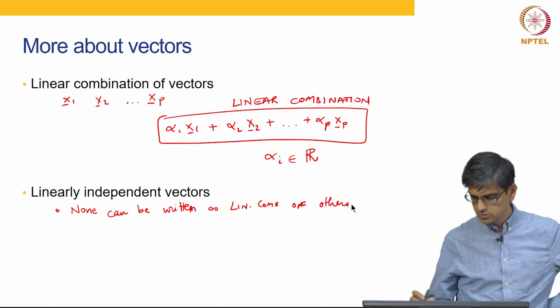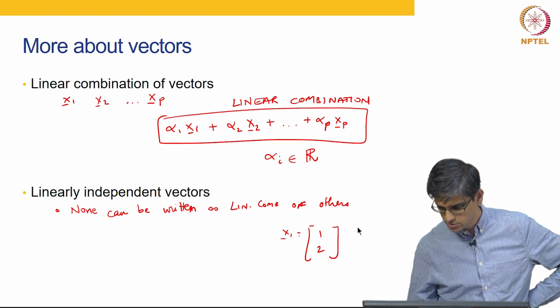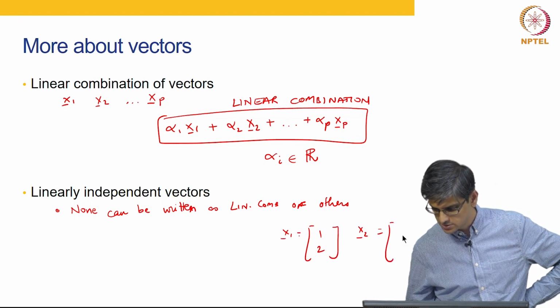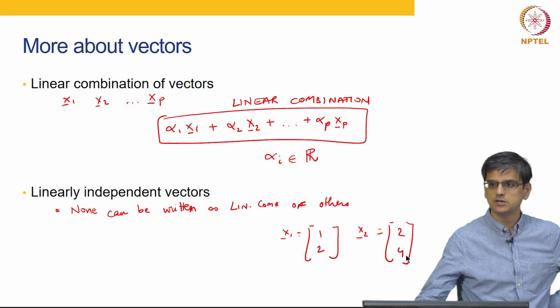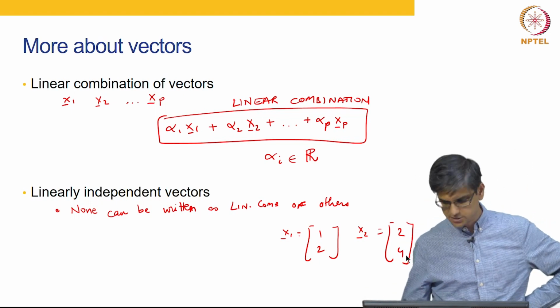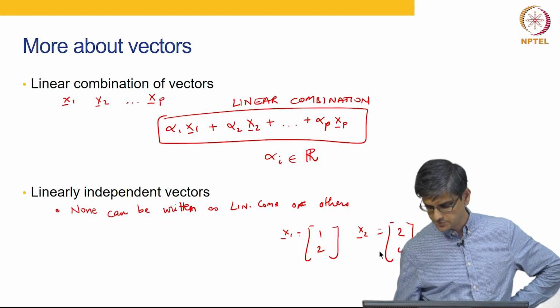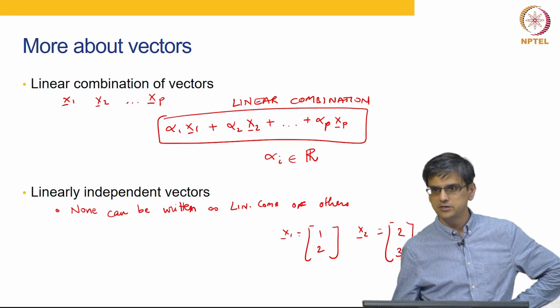So, if I have x1 bar as 1 2, x2 bar as 2 4, are they linearly independent? They are not, because x2 bar is just x1 bar multiplied by 2. If it is 2 3, linearly independent? Yes.